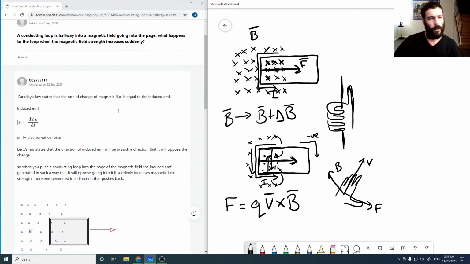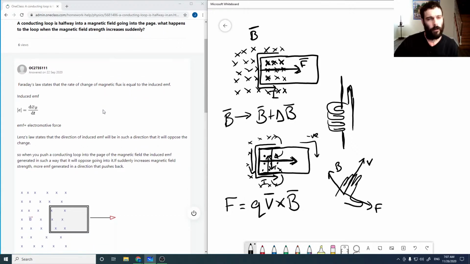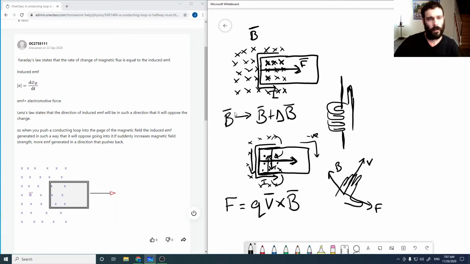Okay, so Faraday's law. So if we look at the solution, Faraday's law states that the rate of change of magnetic flux is equal to the induced EMF. So we could have calculated that given some parameters, right? Because the rate of change of our flux, again, just considering this portion here, is just the change in our magnetic field times the area.